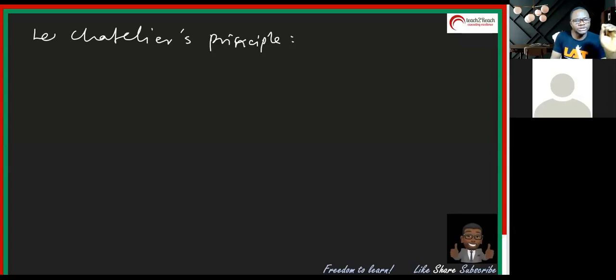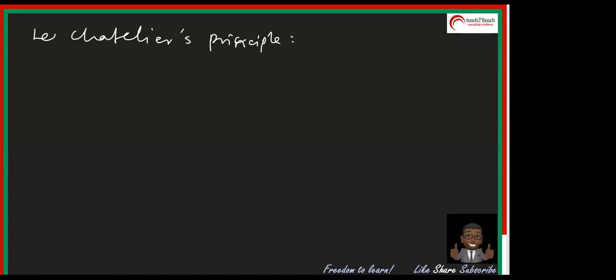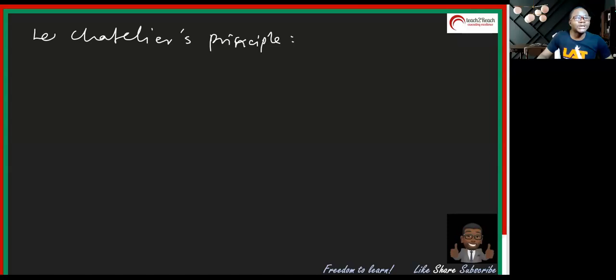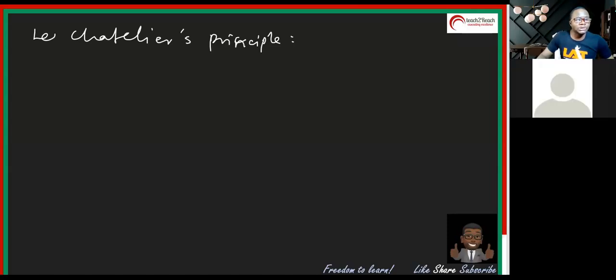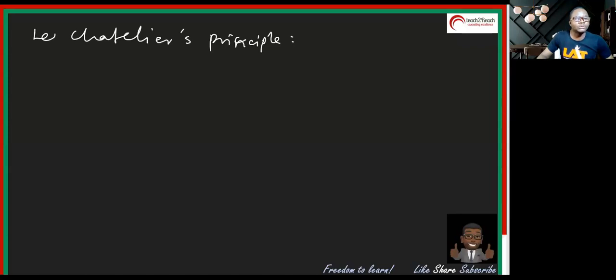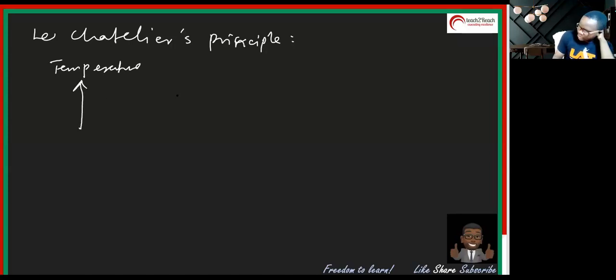If there is a change in any of the factors affecting position of equilibrium, equilibrium will change in such a way as to restore itself. That's what the principle says. It's called Le Chatelier's principle. So what that's simply saying is this. If the temperature of a system is increased, what will equilibrium do in order to restore equilibrium?